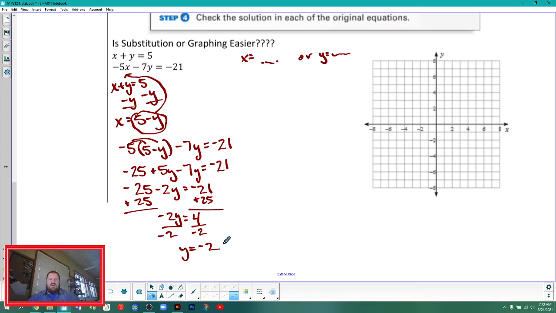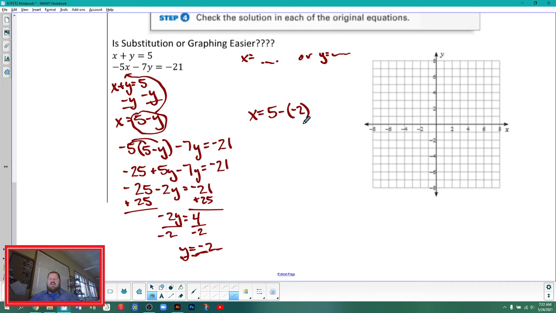Okay. So here I get y is equal to -2, and I need to find out what x is. I'll find out what x is using this revised equation, as the graphic up above says. But this is going to be one of my answers, or half of my answer. So now I'm going to say that x equals 5 minus -2.